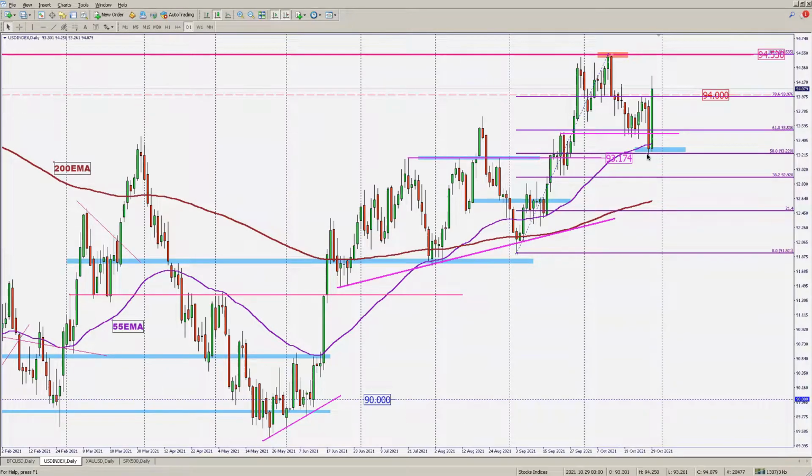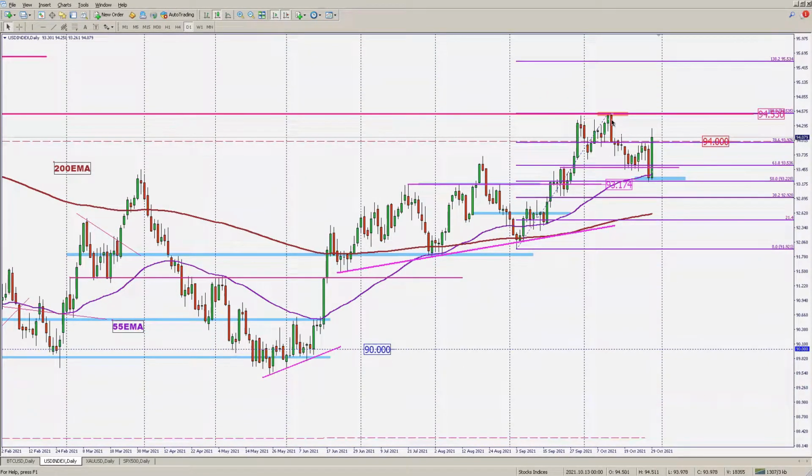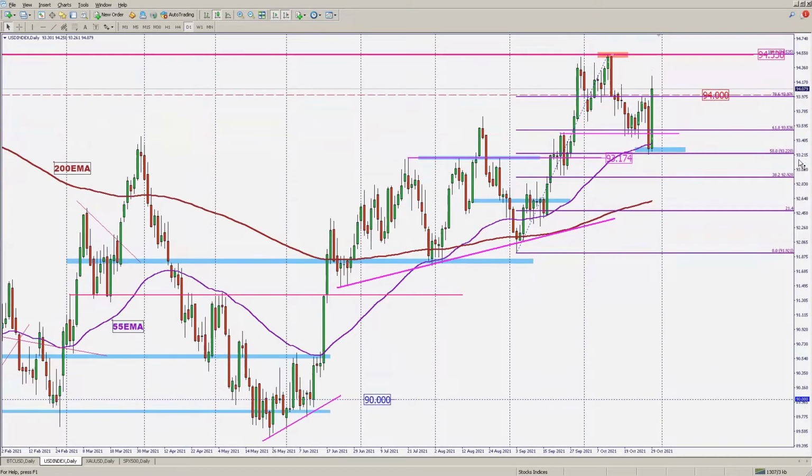You see that's why it hit that support level. That's right at the 50 fib retracement. And if it does break out and break through this swing high, it's going to target the 95.50 area. All right, so watch out for that on the DXY.